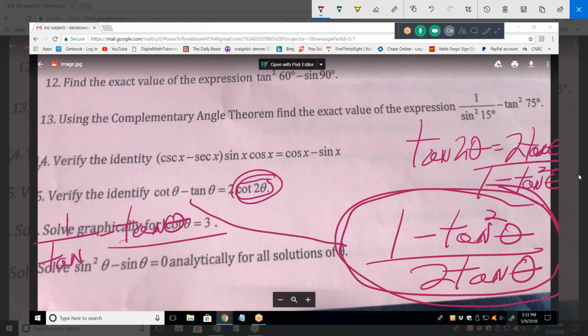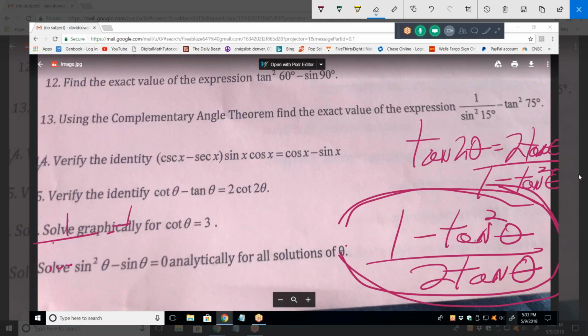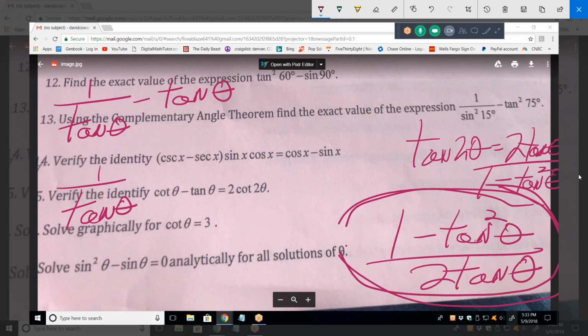Close. Hold on. Let's start from the beginning. I know I can do this now. In other words, once you find the right direction, we're going to start with the left only. The left is 1 over tangent theta minus tangent theta. Well, what is that? That is 1 over tangent theta minus tangent squared theta over tangent theta, right?